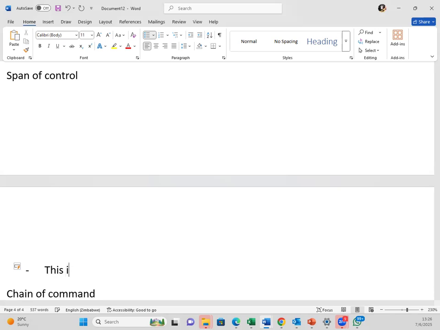So the number of subordinates directly reporting to a superior, that is the span of control.